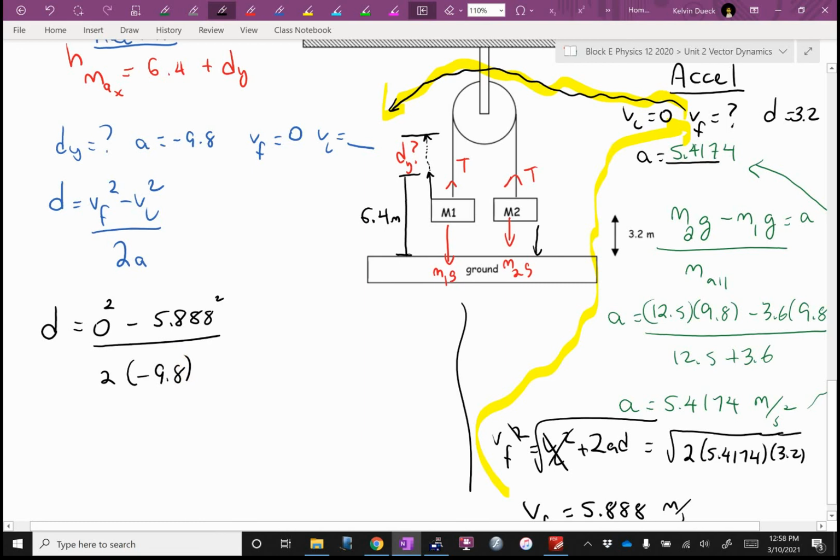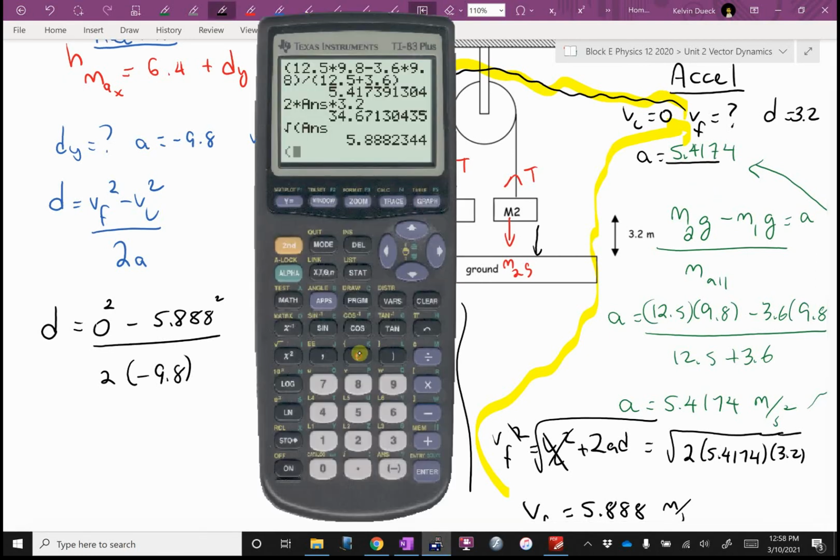I know we're moving up, but the only force acting on us is gravity, so it is negative 9.8. I'm not going to use the 5.4174. So it's going to be 0 squared minus 5.888 squared divided by 2 times negative 9.8. And I get 1.77 meters.